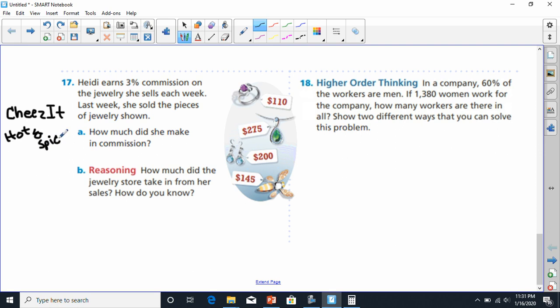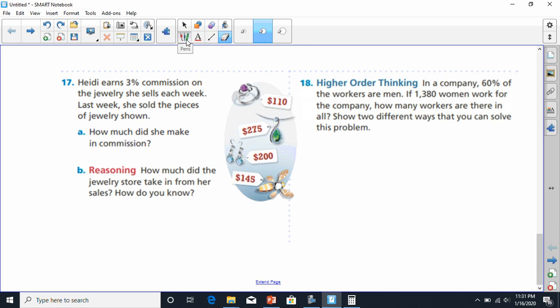So if you write that code word down on your paper, you're sure to get a treat from me. Let me erase it so anybody that is just skimming through the video doesn't catch it. All right, let's try this now.